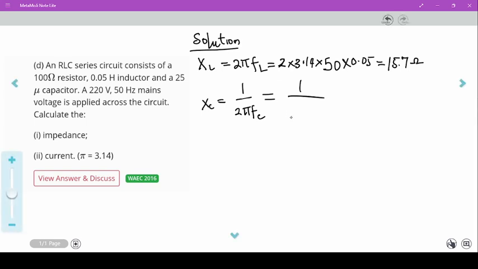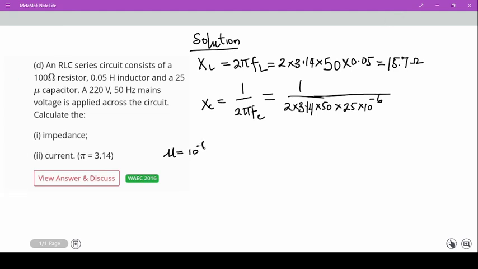So now we have 1 all over 2 times 3.14 times 50 times 25 times 10 raised to power minus 6. We all know how to work with our submultiples. The fact that we have 25 microfarads, micro is a submultiple for 10 raised to the power of minus 6, definitely.